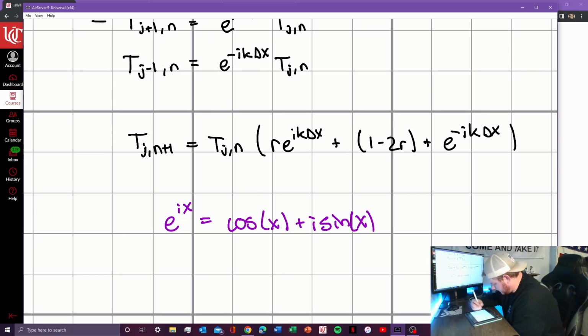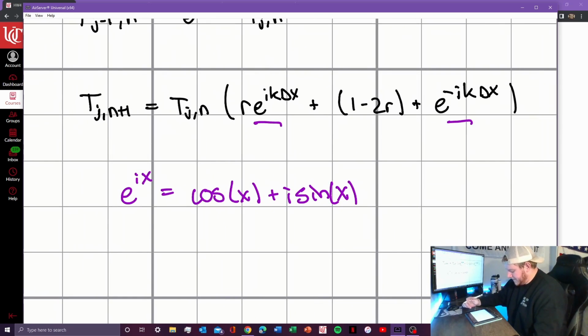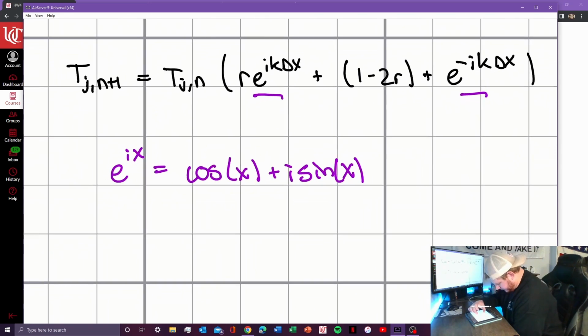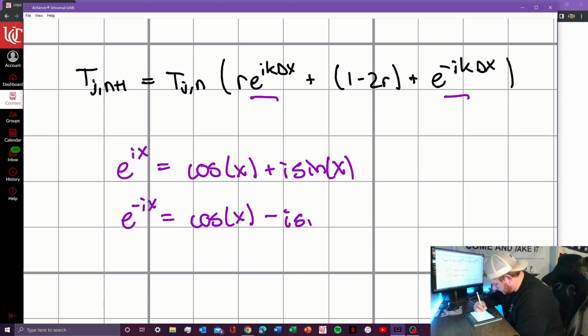This is significant because each one of these terms has an e to the I x term. So this one is good for our positive term, but for a negative term, cosine stays the same, and this is going to be minus I sine x.